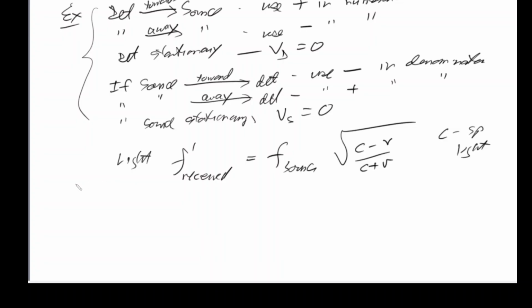So police use this with radar to catch speeders. It looks at the Doppler shift of the electromagnetic wave that's bouncing back from the car. So that's how radar works.